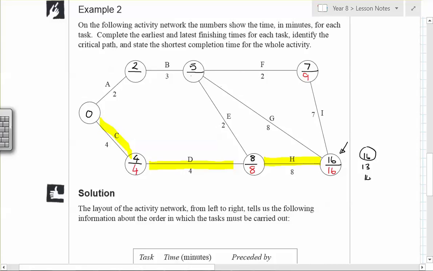Okay? So actually, this has to be done by 7 minutes. So we've got the 2 routes to consider. This has to be done in 7 minutes. It's the latest possible time I can start it if that's going to be done by 9. Okay? What about this one?